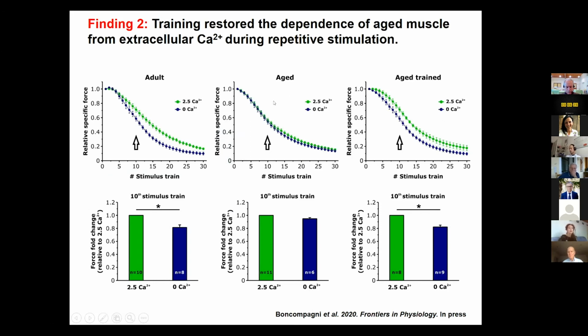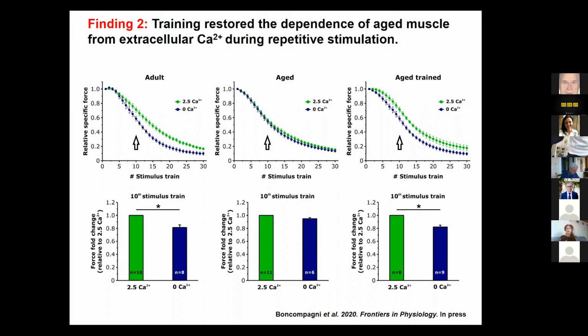Decay, though, that if you recall from the previous slide, was not present in aged EDLs. And again, these results are statistically significant, as you can appreciate down here in the bar graphs showing the fourfold decrease at the 10th tetanus.